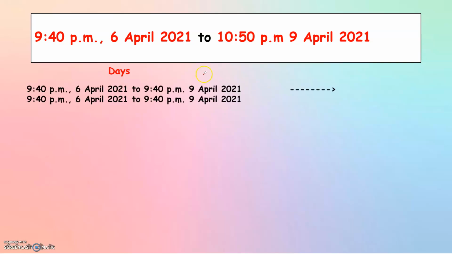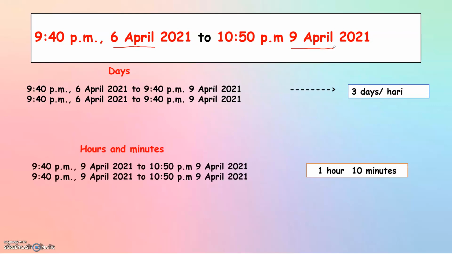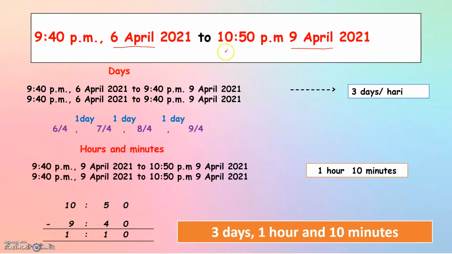Okay, we should state all the days between 6 to 9. So 6 April, 7 April, 8 April, 9 April. Okay, how many days are here? 1, 2, 3. So 3 days.